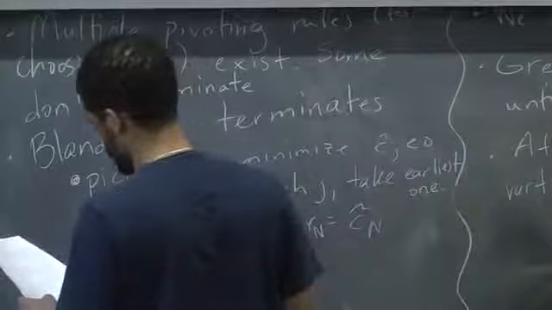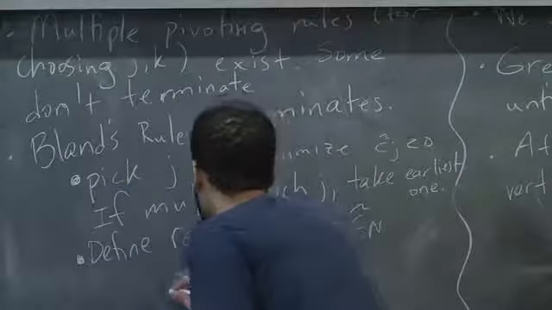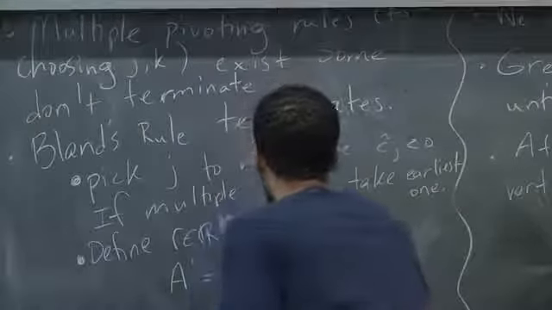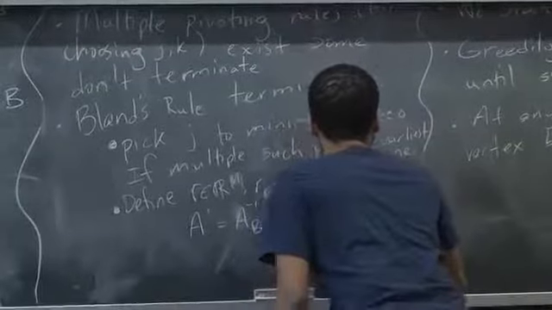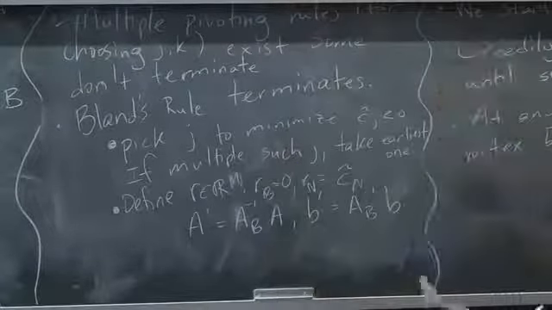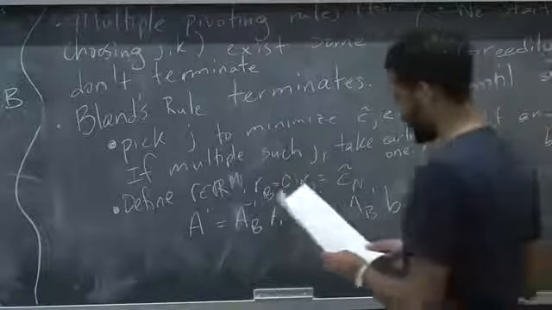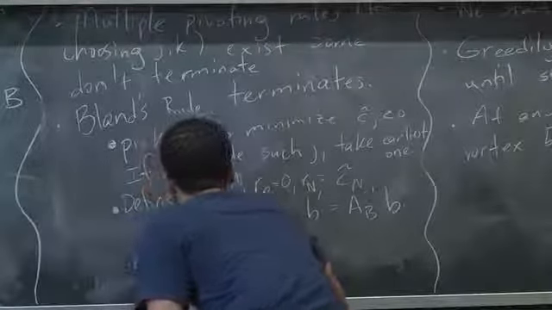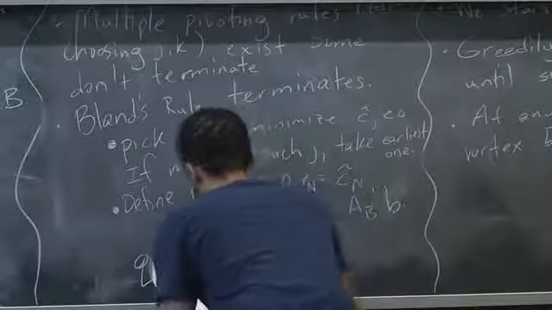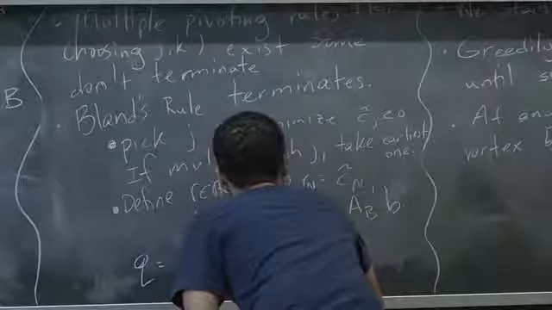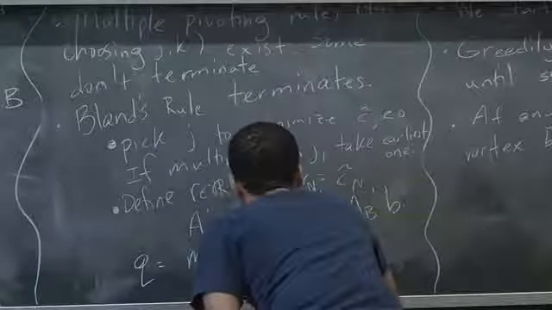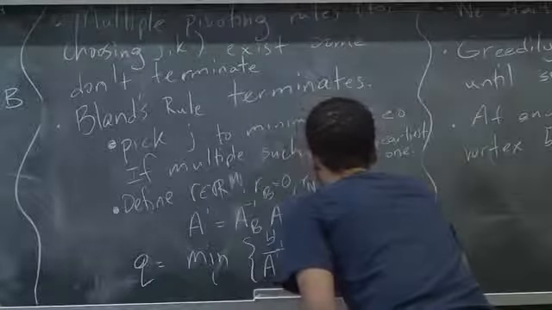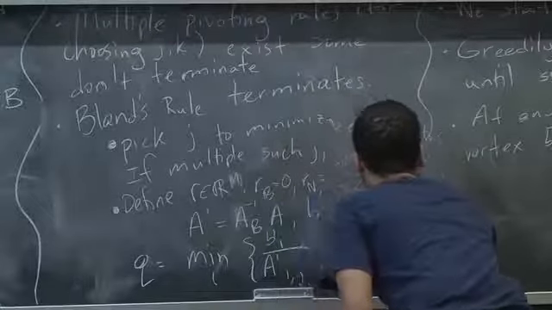And define A prime to be AB inverse times A and B prime to be AB inverse times B. And define Q to be the min over all i of B prime i over A prime ij such that A prime ij is positive.